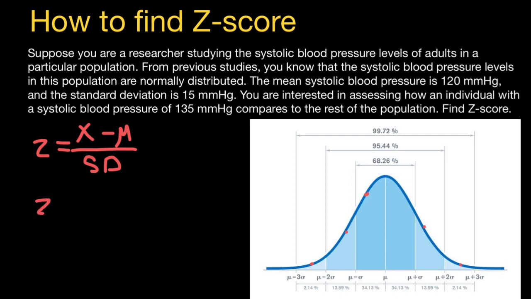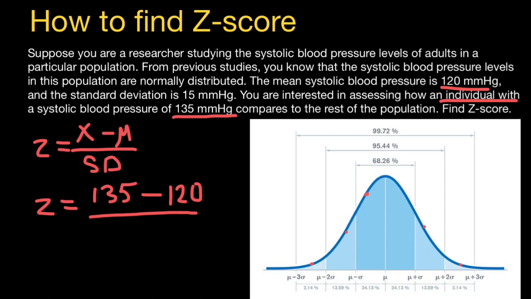Now let's put in numbers. So z would equal x, which is the individual measurement, so an individual with a blood pressure of 135 millimeters, so 135 millimeters minus mu, which stands for the mean of the population, and we know that it is 120 millimeters, so minus 120, and divided by the standard deviation, which we know is 15 millimeters, so divided by 15.